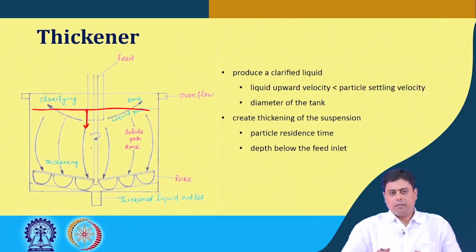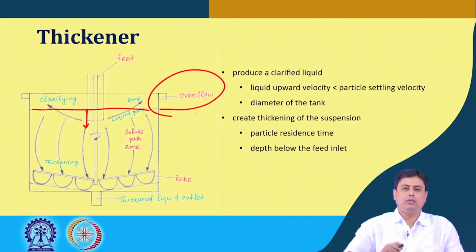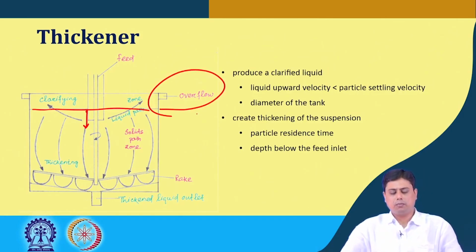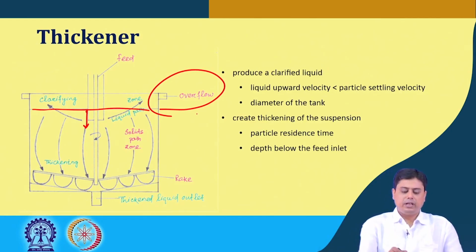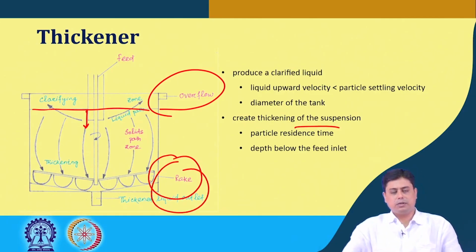Now, as I mentioned, this thickener has twofold objectives. One is to produce the clarified liquid, the overflow, as clear as possible, and the other is creating a thickened suspension.